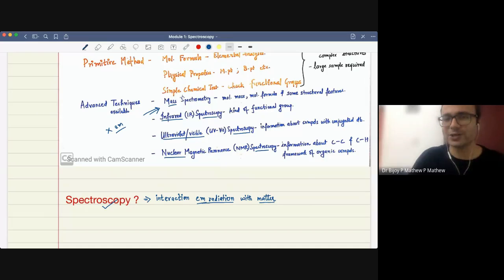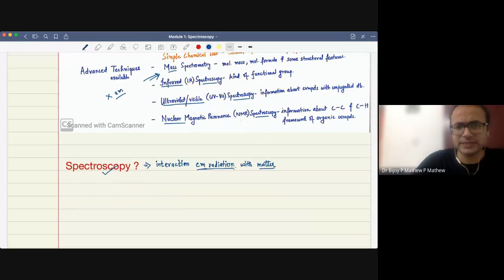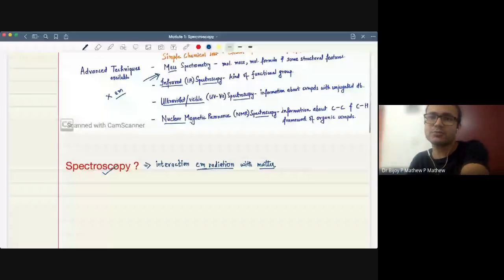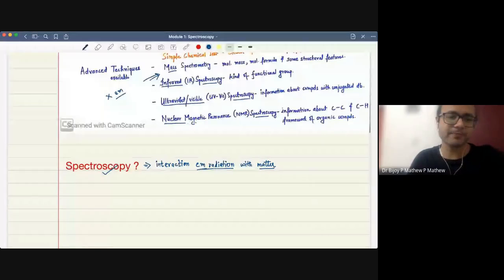So never use mass and spectroscopy together, because mass is not a spectroscopy but a spectrometry, which doesn't involve any electromagnetic radiation. Keep that in your mind. Okay. So all the techniques that we are using here involve the interaction of electromagnetic radiations with matter. So what do you mean by electromagnetic radiation?